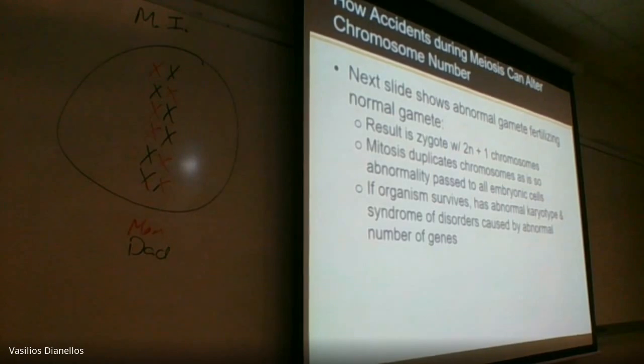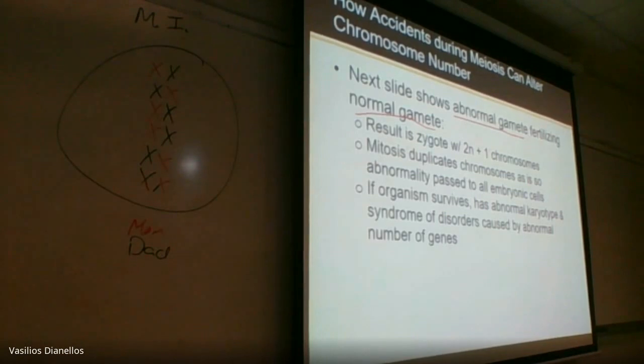But what we're looking at here in this next slide is going to be an abnormal gamete, so maybe a sperm, maybe an egg, whatever, fertilizing a normal gamete. You have to understand the chances of an abnormal sperm meeting with an abnormal egg are probably pretty low. But anyway, this is having one or the other. What happens is you get a zygote, and that should remind you that when you mix a gamete and a gamete, you get a zygote.